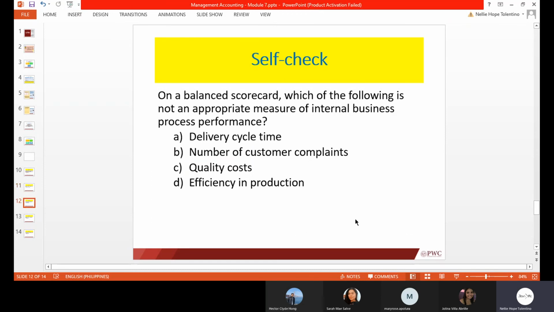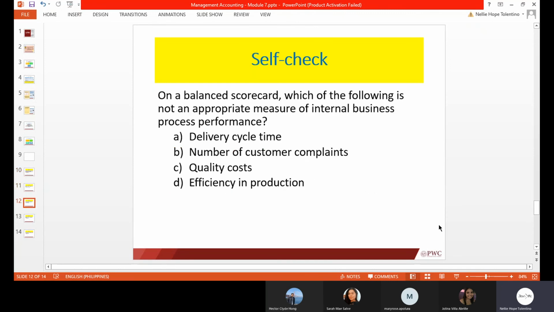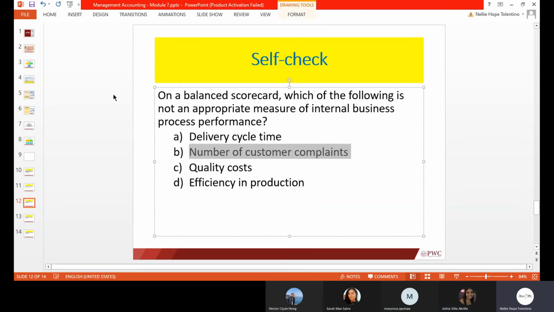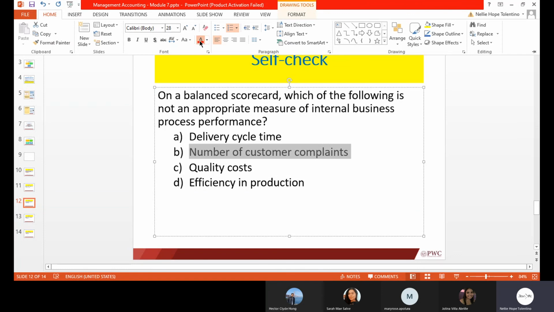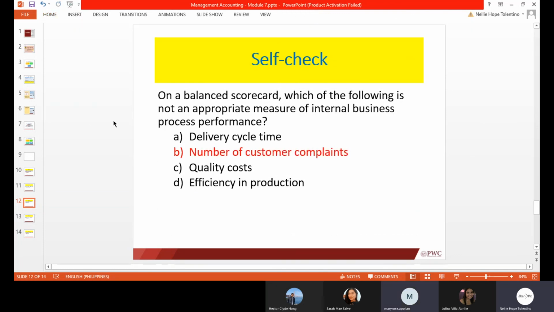Third question. Customer complaints. Letter B. So, ang tinatanong dito, not an appropriate measure of internal business process.